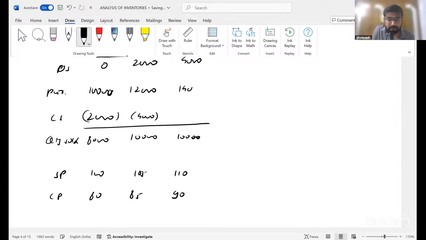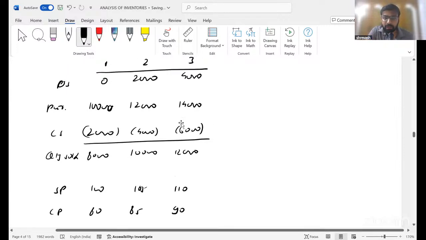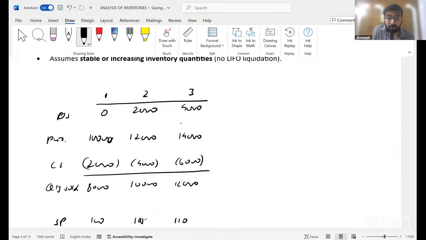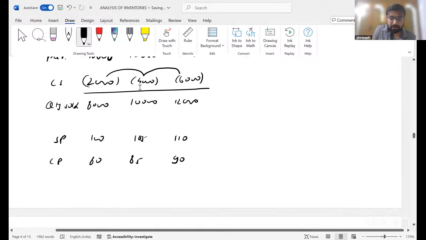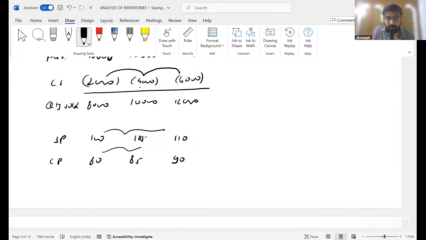We should have taken, let's say, 14,000, and I'm saying just 6,000 is what is there. So this will come down to 18 and 6, so this will come down to 12,000. All right, now you can clearly see the amount of inventory is increasing. That is what the second assumption was. That is also satisfied. And inflation is there. That is also satisfied. See, 100, 105, 110, 80, 85, 90.